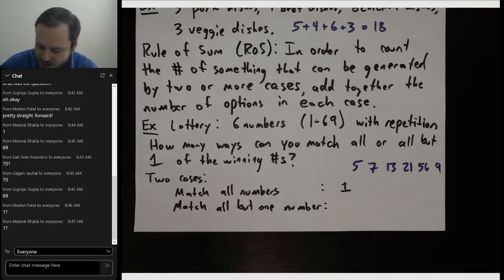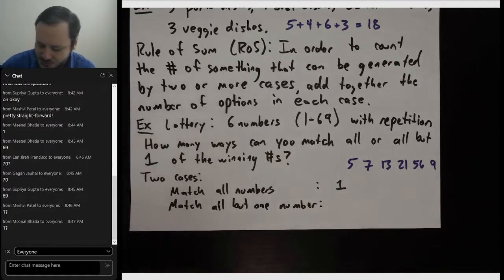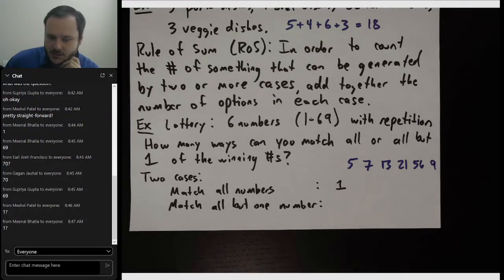That's the winning number. So there's only one way to win. You have to have picked exactly those numbers. But how many ways can we match 5 out of 6 of these numbers?